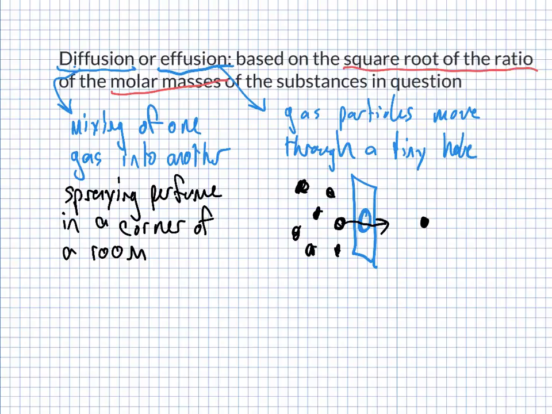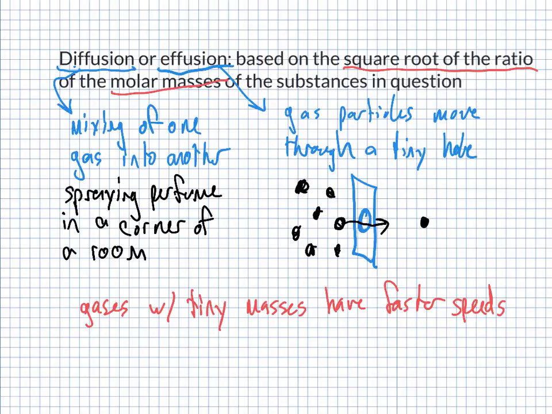You no longer have to calculate this. What you need to do is reason through and say that gases with tiny masses have faster speeds, because that's what the Maxwell-Boltzmann distribution showed.